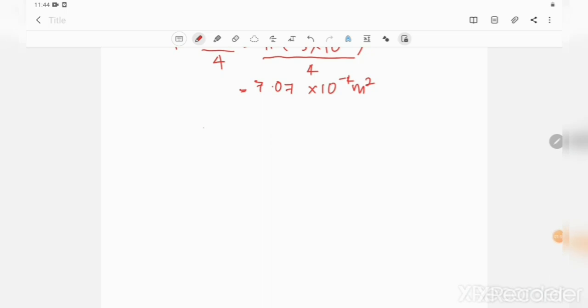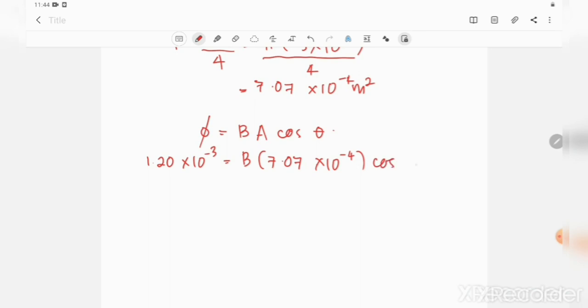From the formula of magnetic flux, BA cos theta, the flux is already given, which is 1.20 milliweber. So B, and the area which is calculated, is 7.07 times 10 to the power of negative 4. And we know that theta in this case is 60 degrees. So, the magnetic field B for this situation is 3.40 Tesla.